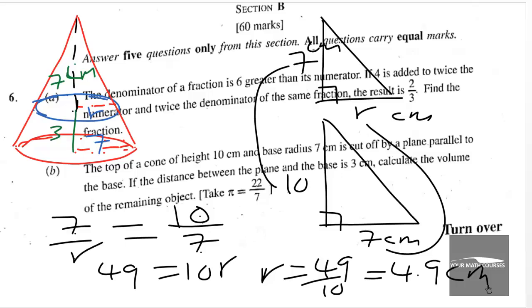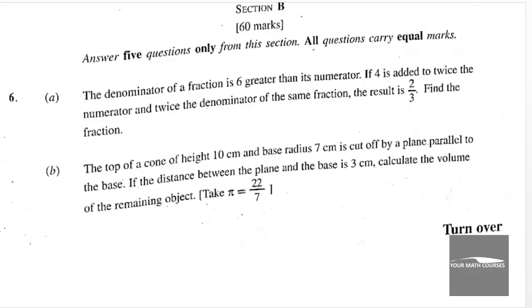So the volume of the remaining portion, this volume here, we can find it by subtracting the volume of the upper cone, this one here, from the volume of the whole cone. So let's do that. You're going to get something like this.